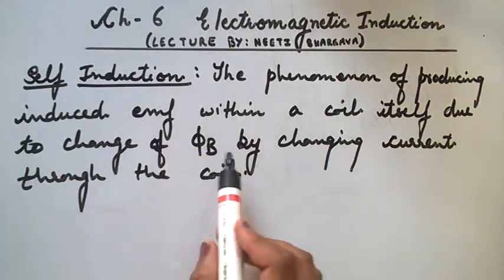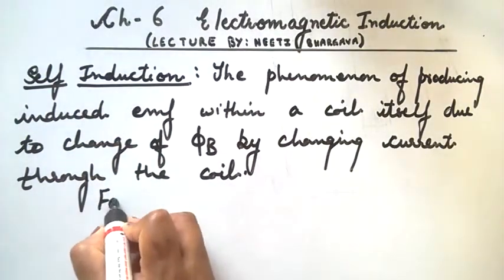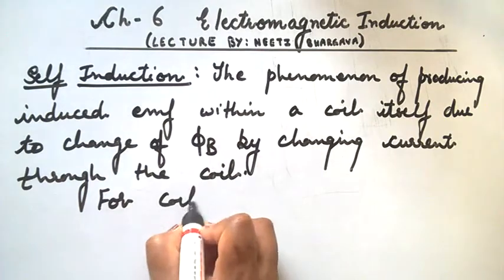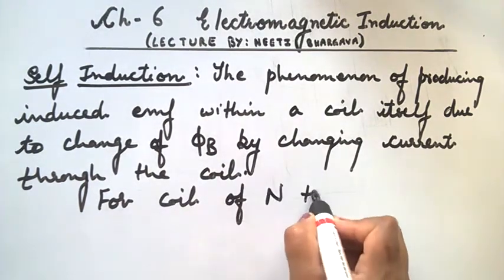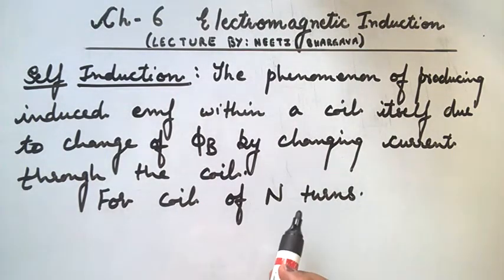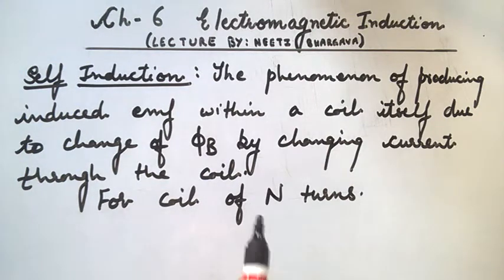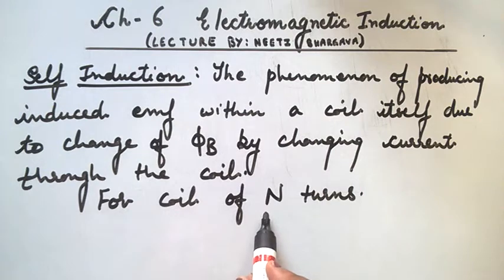So now let's consider a coil having n turns. The flux which is linked with a coil is phi. So the flux linked with n turns coil is n phi, and this is known as flux linkage.